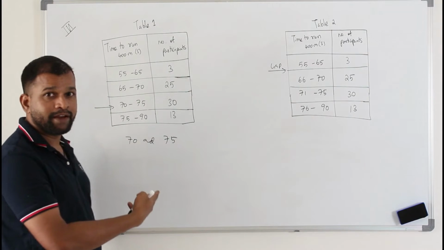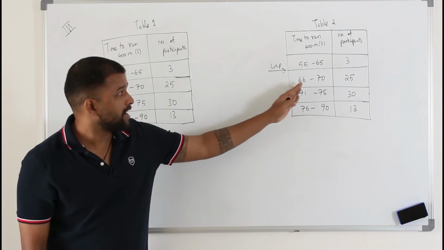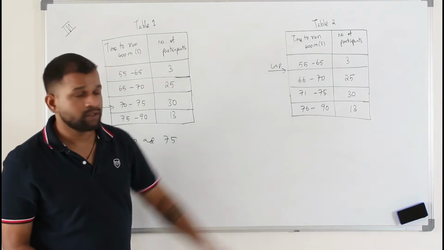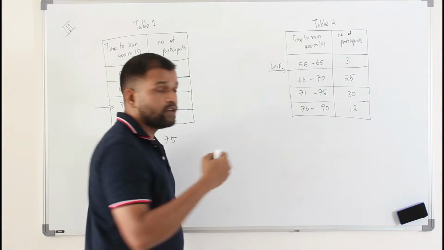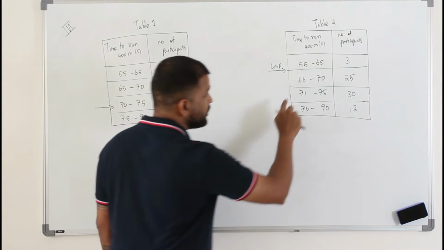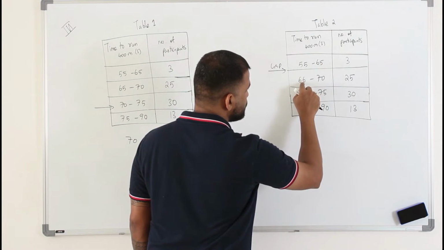You can just straight away write the extreme numbers. Whereas here, you cannot just write the extreme numbers. For example here, if they want you to find the class boundaries, you take 66 and this number and find the average.